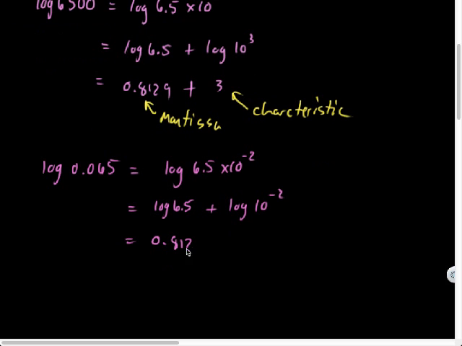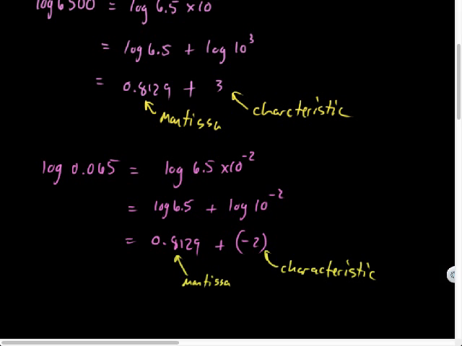That's 0.8129, plus a negative 2, because what is 10 to the negative 2? That's right, negative 2. So here you can see that the mantissa is in fact the same as it was for the previous, and the characteristic, if we were interested, is that.